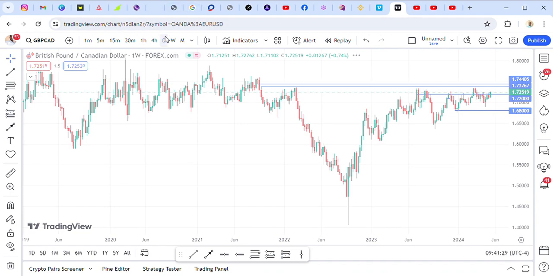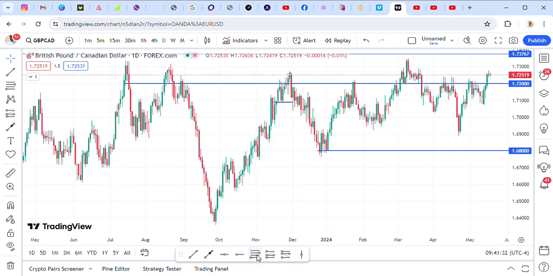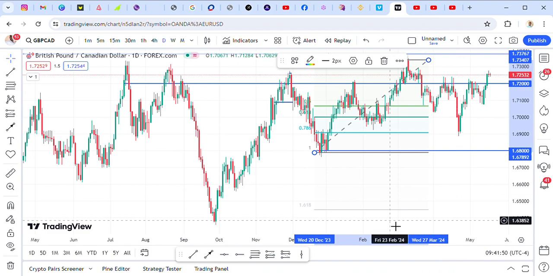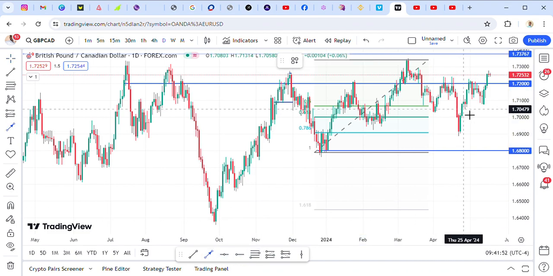Looking at it on the daily time frame and using the Fibonacci tool, taking these lows here, this low and then this high here, you can see that price perfectly tapped into a POI, a very good level of POI in the discount zone, and then it's rallying up, which is very good.